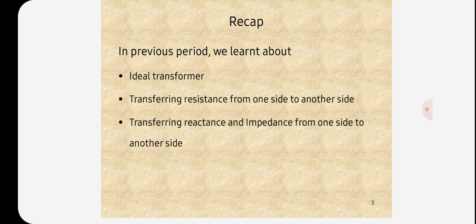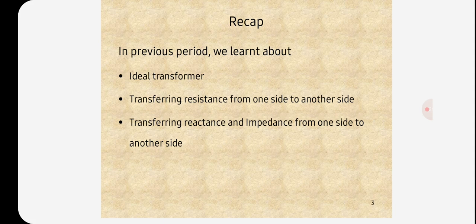This alternating flux links both the primary and the secondary windings and produces the primary EMF, that is the self-induced EMF E1 in the primary, and the mutually induced EMF E2 in the secondary.